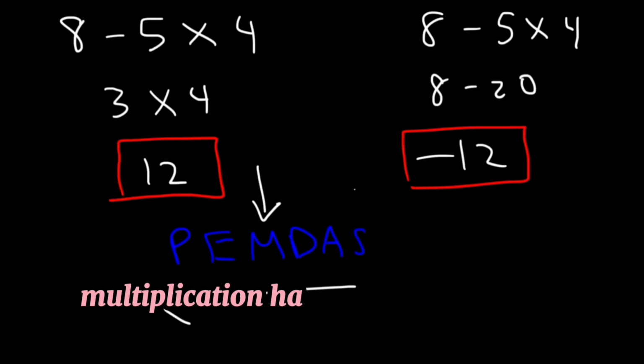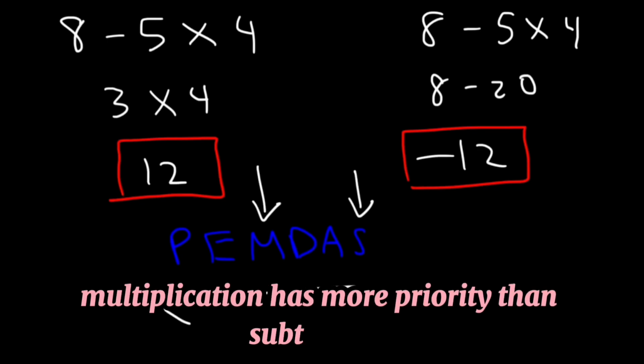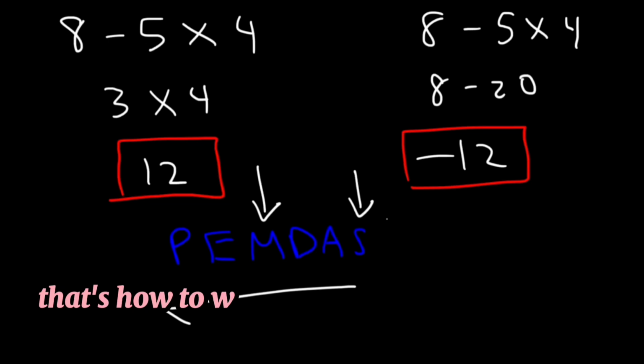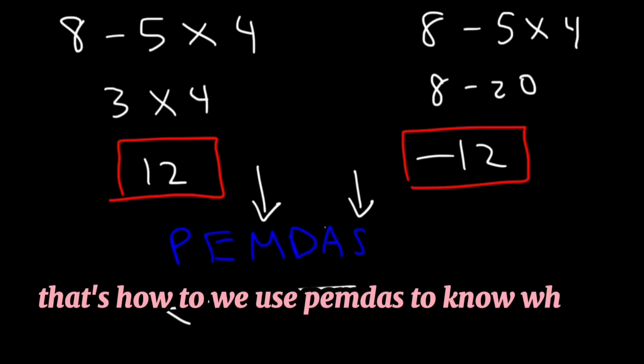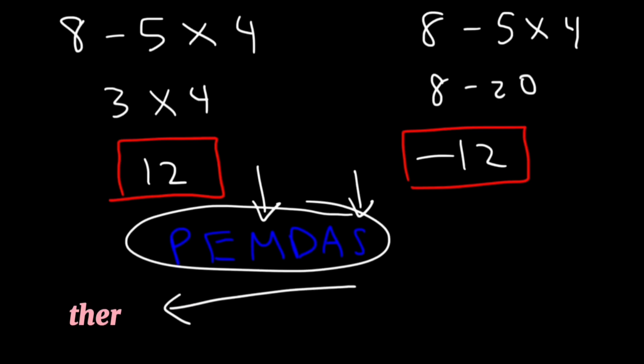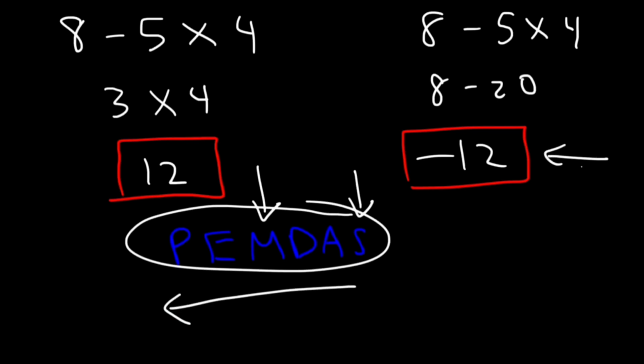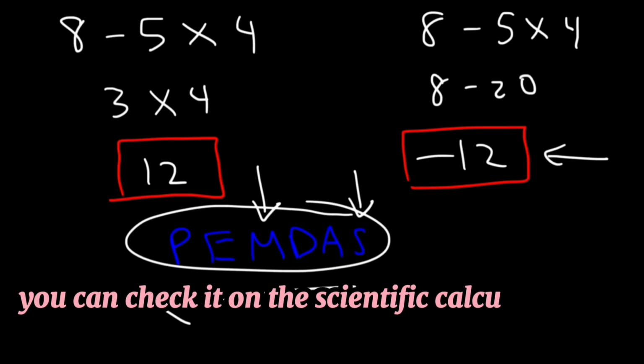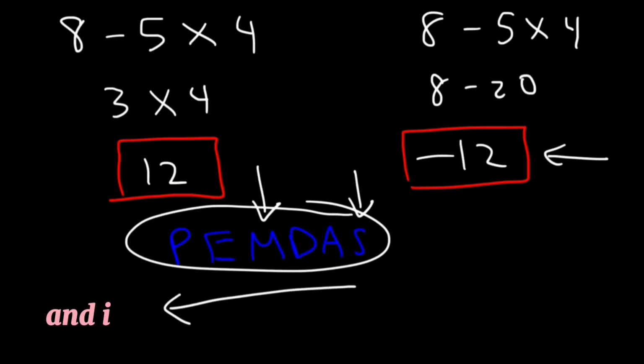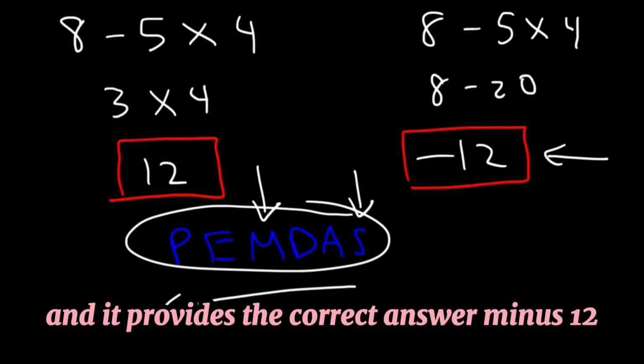Multiplication has more priority than subtraction. That's how we use PEDMAS to know which operation comes first. Therefore, minus 12 is the correct answer. You can check it on the scientific calculator, and it provides the correct answer, minus 12.